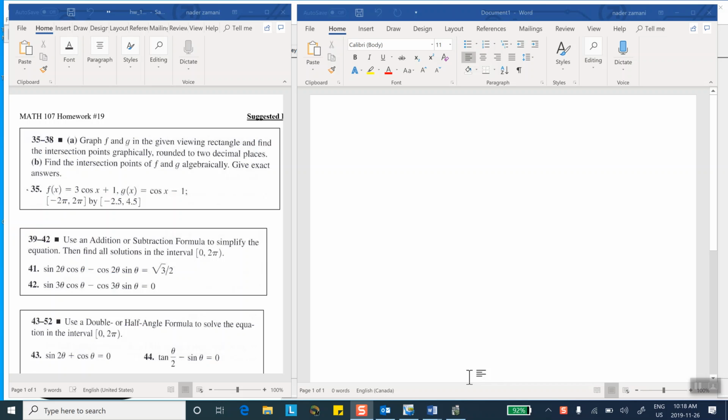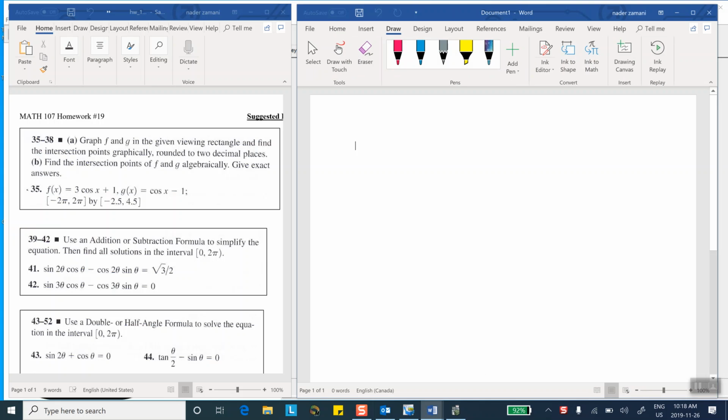Okay, let's concentrate on problem 35. Problem number 35 gives you a trigonometric equation: 3 cosine of x plus 1 equal to cosine of x minus 1.